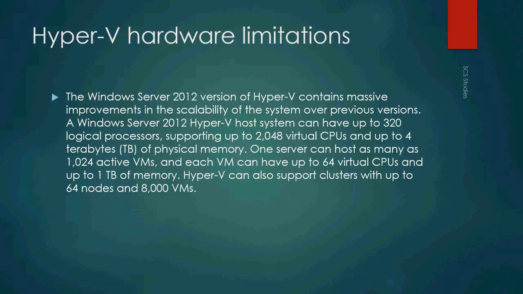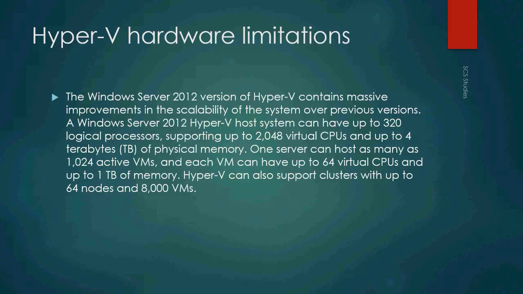One server can host as many as 1024 active VMs, and each VM can have up to 64 virtual CPUs and up to 1 TB of memory. Hyper-V can also support clusters with up to 64 nodes and 8,000 VMs.